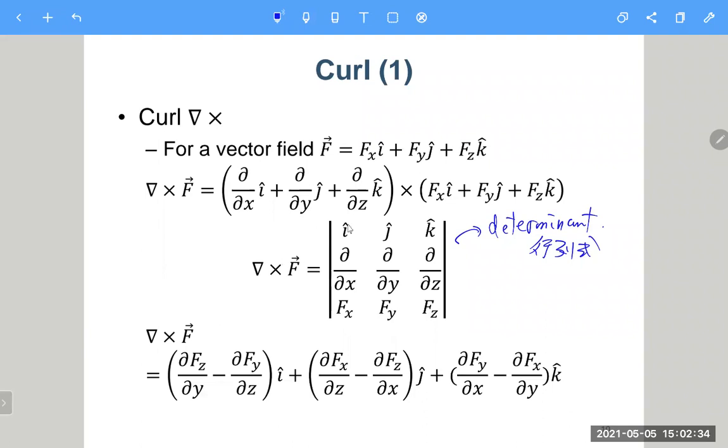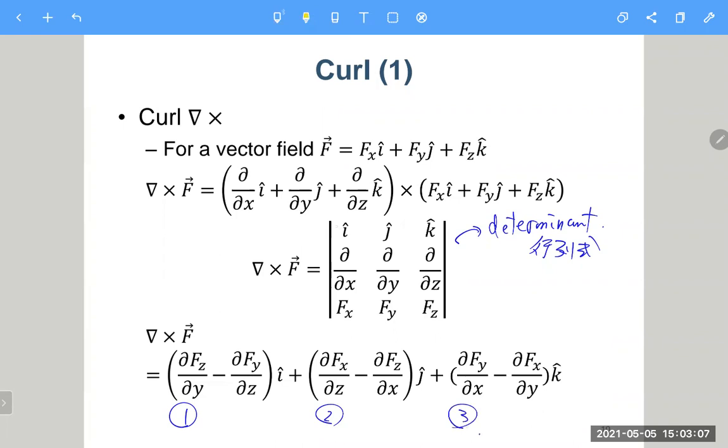So you have i partial y f_z. So this is the first term. And then you have j partial z f_x. So this is the second one, and then the third one, k partial x f_y. So this is the third term.